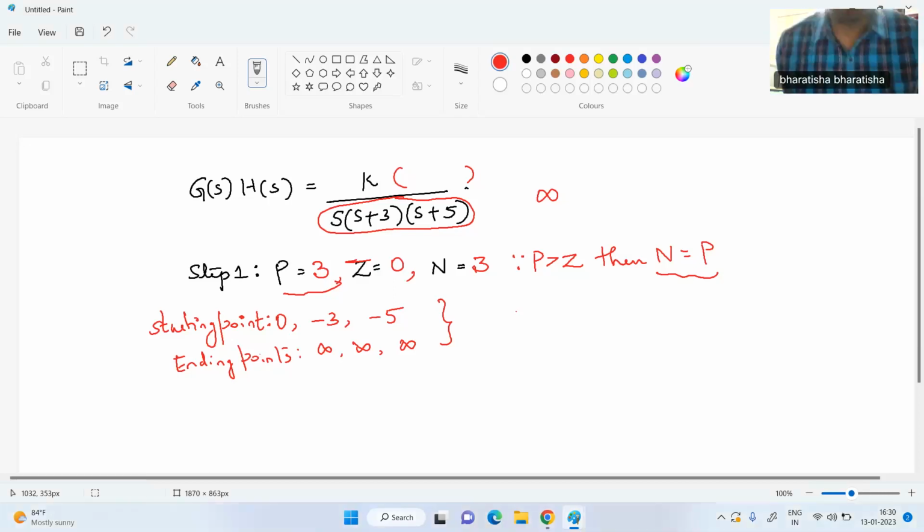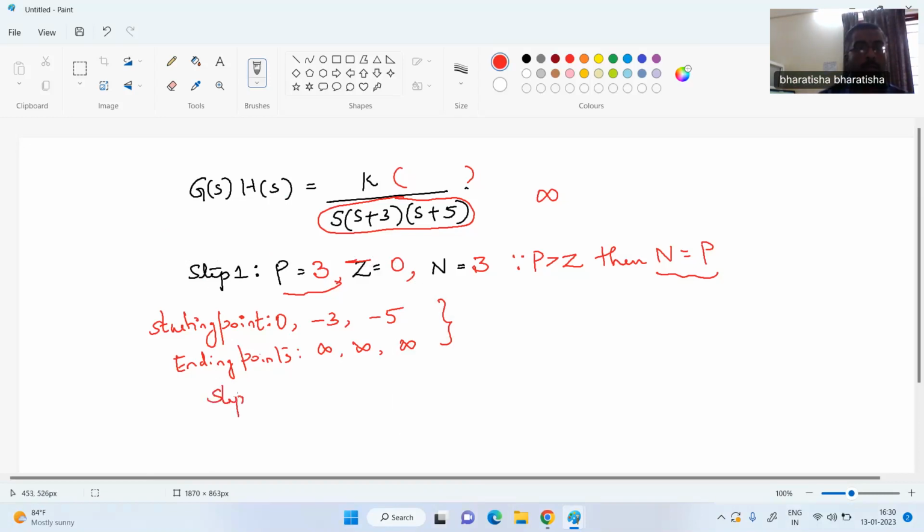The roots of the characteristic equation will always give you the number of poles. So please remember that. So this is step 1. You have to identify the number of poles, the number of zeros, and the number of branches.